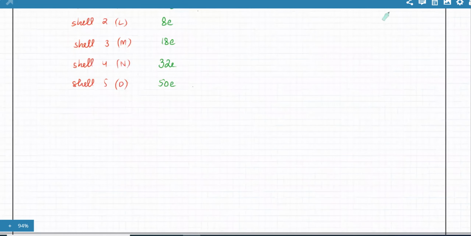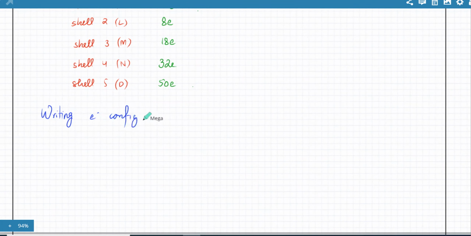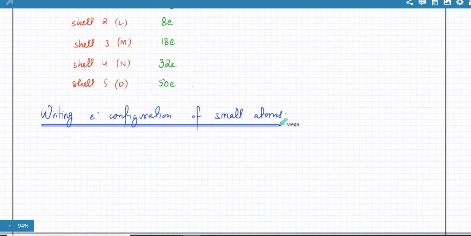And the first thing we're going to do is learn how to write the electronic configuration of small atoms, or drawing these atoms.